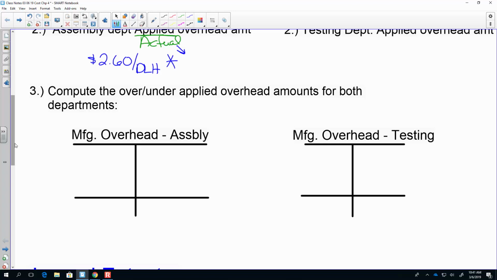Yes. Excellent. That's what we need. Actual direct labor hours. And Tom, what do I get there then? 30,420. I'm just going to move that over slightly here.